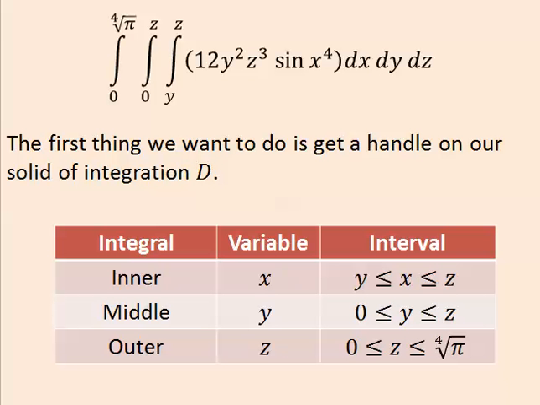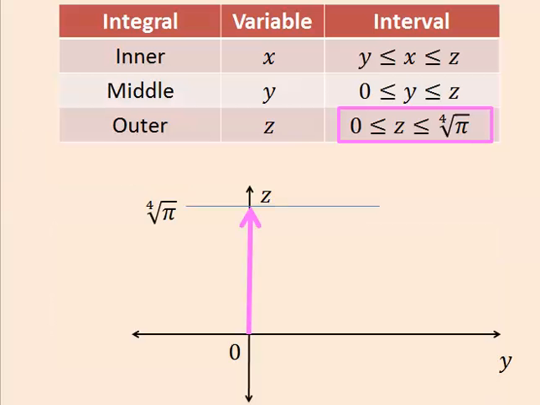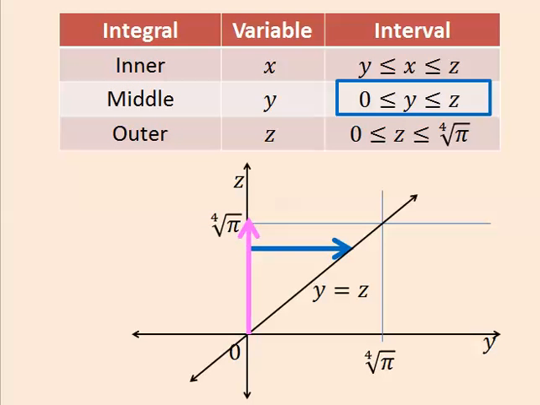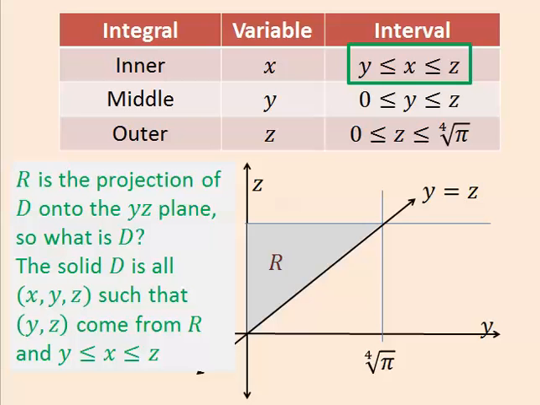But the first thing we want to do is to get a handle on our solid of integration. Let's first think about z. That's the outermost piece. Z is going to run between 0 and 4th root of pi. Given z, how does y vary? Y, given z, will vary between 0 and that value of z. What about x? The x-axis is coming straight out at you. What you're looking at is the shadow of the solid D onto the YZ plane.